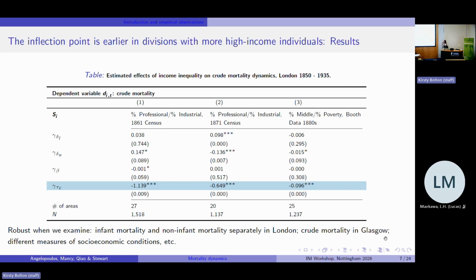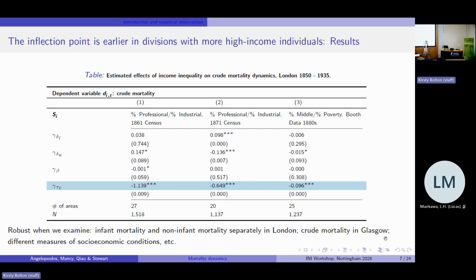What we find when we estimate the model is that, robustly, the inflection point is seen earlier in divisions that have a higher proportion of high income individuals.